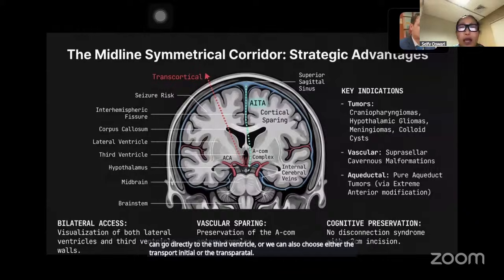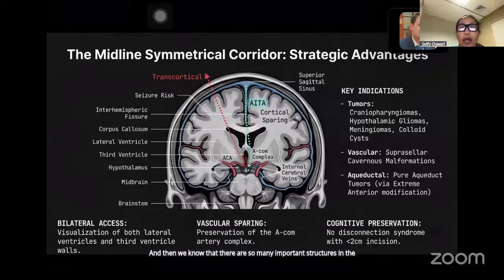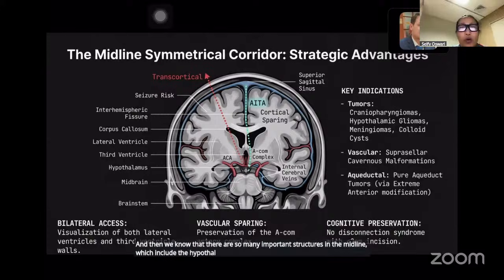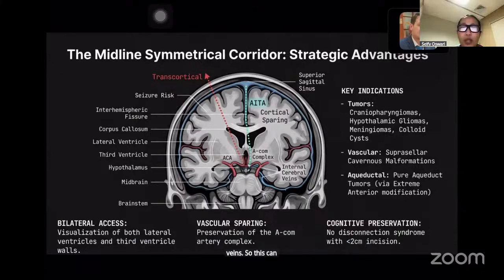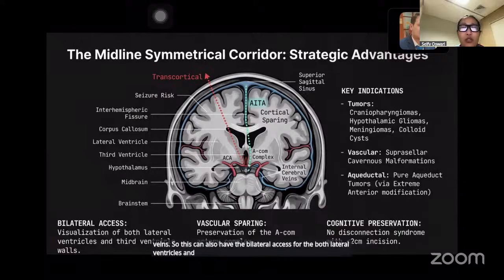We know that there are many important structures in the midline, which include the hypothalamus. If we go down further, we can find the ACOM complex and also the internal cerebral veins. This also gives bilateral access to both lateral ventricles, and we can do vascular sparing, preserving all the surrounding veins and arteries.